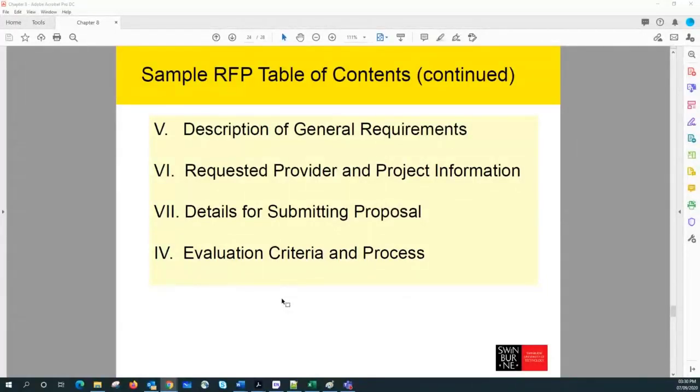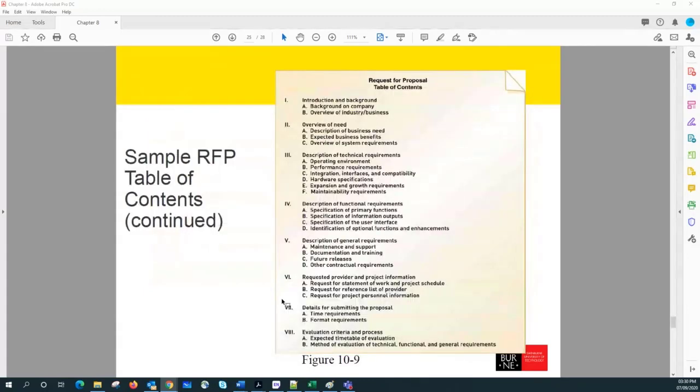Then special instructions on how to submit the proposal, and the evaluation criteria we will adopt when evaluating the proposals we receive from the vendors. So it's actually a very big document, and sometimes it takes a lot of time to evaluate.